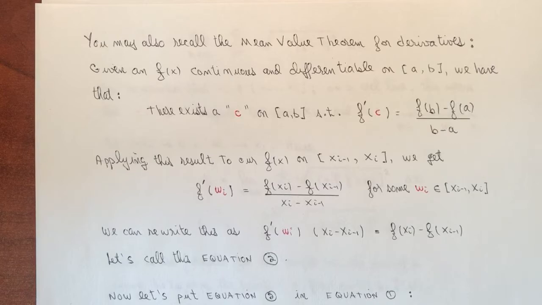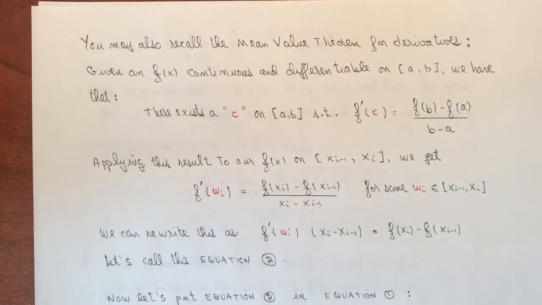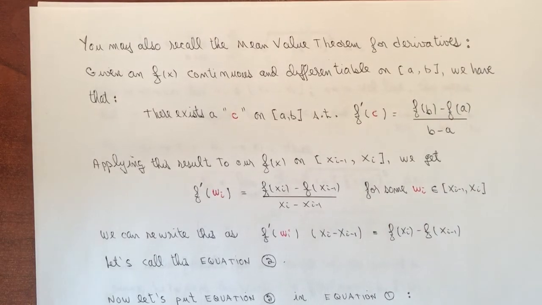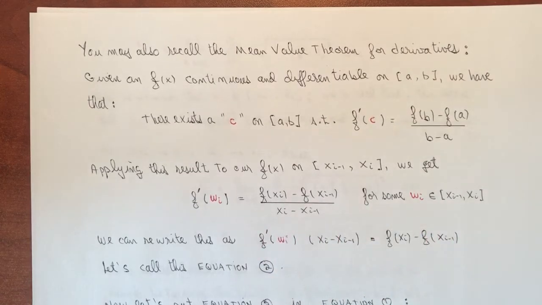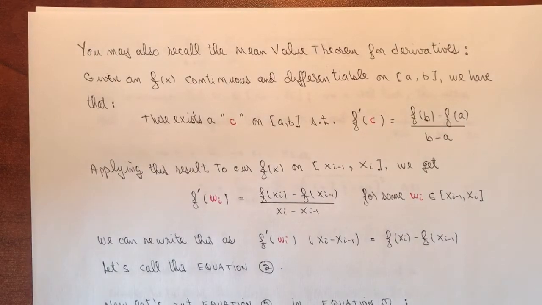So we can rewrite this by bringing the (xi minus xi minus 1) to the other side, and we have something that I'd like to call equation 2. So this is our equation 2 right here. Now, as we often do in math, to move ahead, we combine different things that we know.